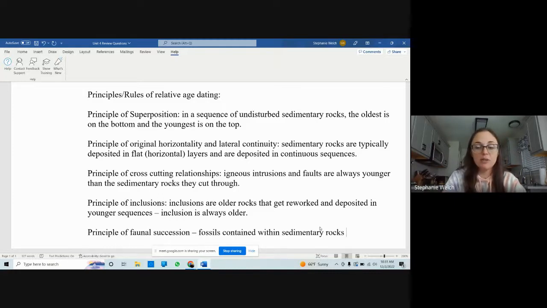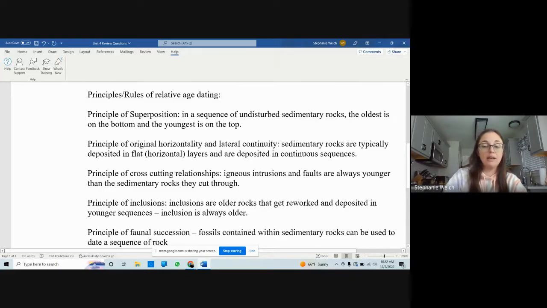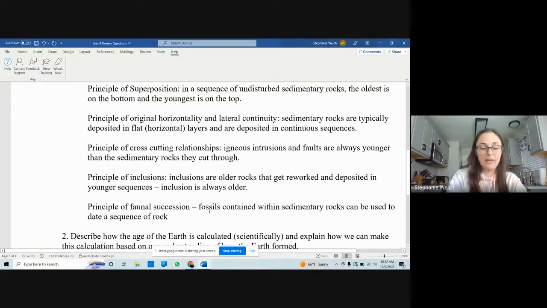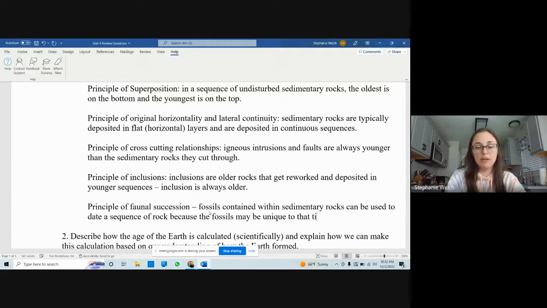So fossils contained within sedimentary rocks can be used to date a sequence of rock. And in this case, it is unique to sedimentary rocks, because fossils may be unique to that time period.